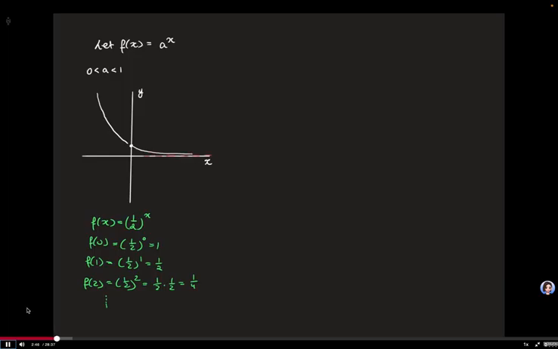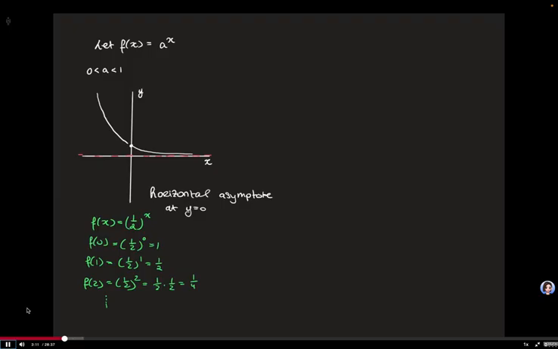So that's what we call a horizontal asymptote. So we see that there is a horizontal asymptote at y equals 0, right, because that's the red line at y equals 0.